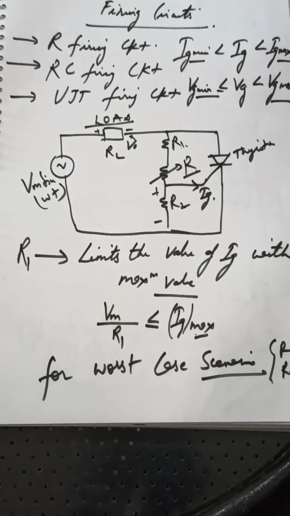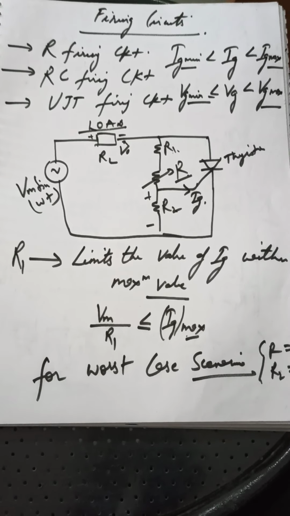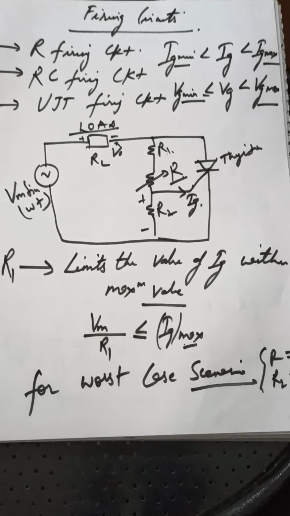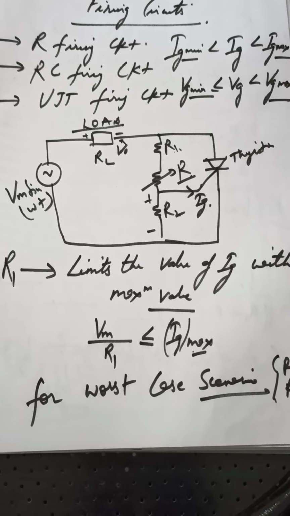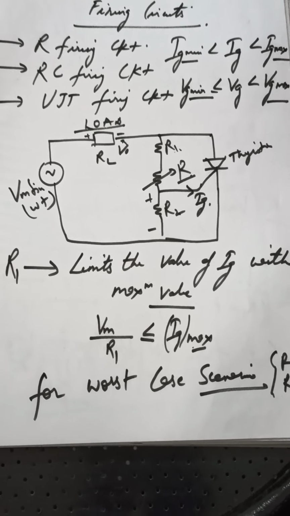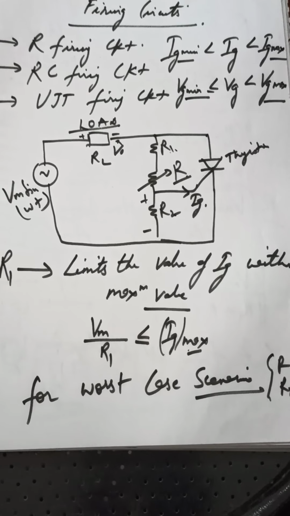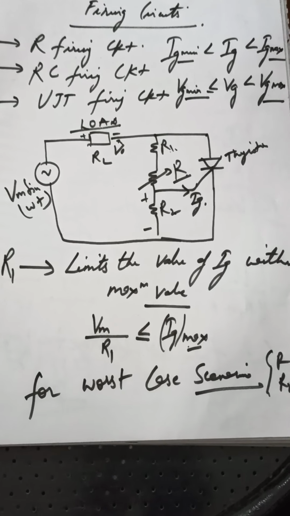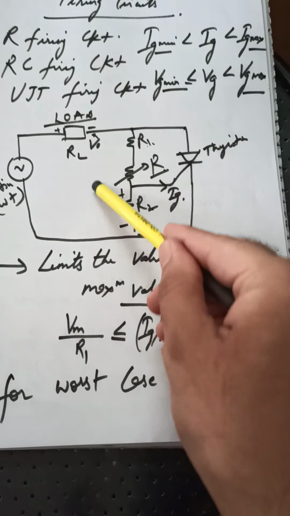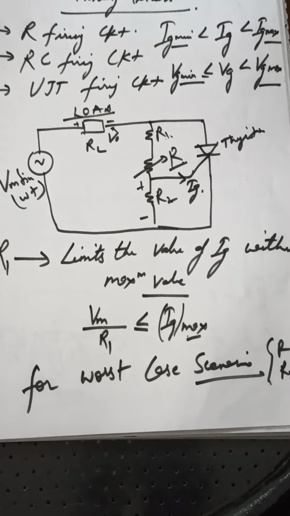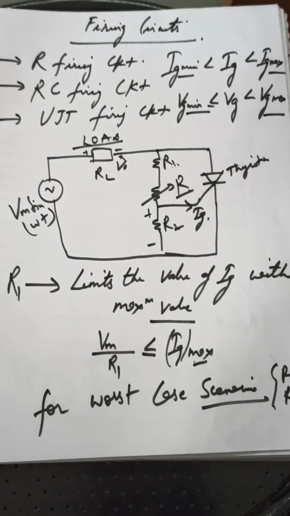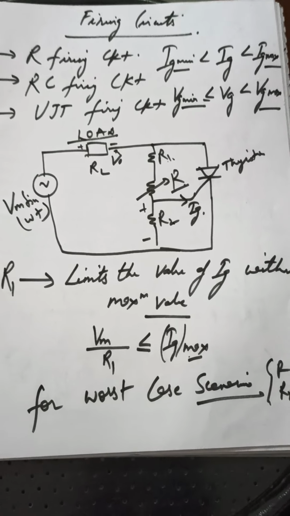So here is the power circuit diagram of the thyristor. You can easily observe that it consists of a sinusoidal source, that is Vm sine omega t. The load is connected between the arrangement of the firing circuit and the sinusoidal source. It is quite observable from this diagram that the load is connected between these two.